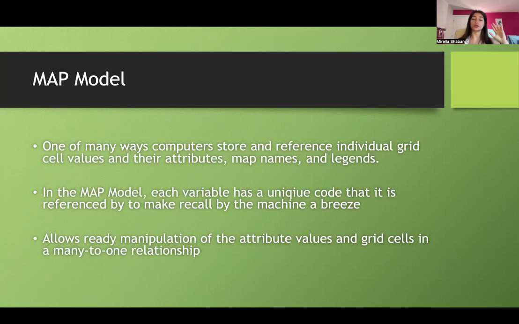Essentially, your computer understands what each code in that model means, and you are very easily able to pull, extract, and utilize the information within that model or code. This lets you really easily manipulate attribute values within grid cells and allows you to utilize many-to-one relationships. This will make sense to you a bit more as this lecture and more lectures go on.